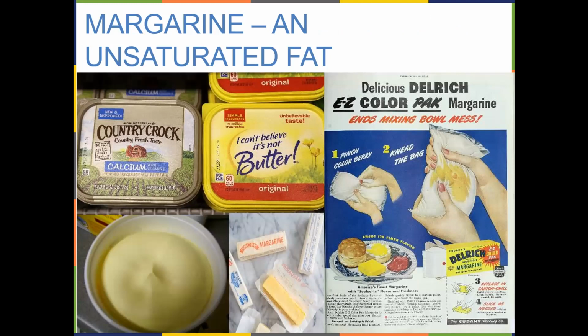And this ad on the right I think is from World War II, where the dairy industry forced the margarine manufacturers to have a flavor and coloring packet inside a pouch of margarine. And you'd have to break the pellets and then mix it all together. So you would have your artificial flavored margarine and artificial colored margarine. Because it all came as a white block.